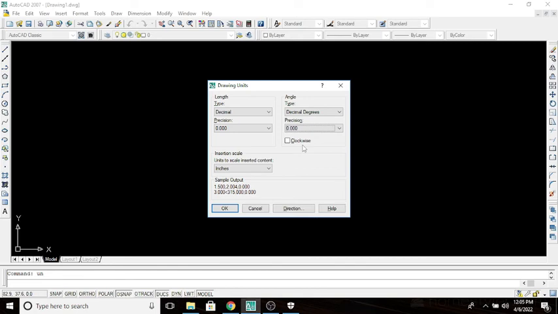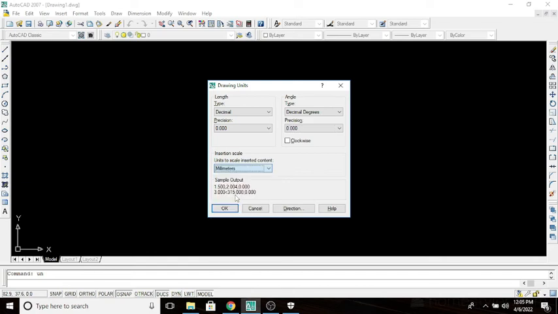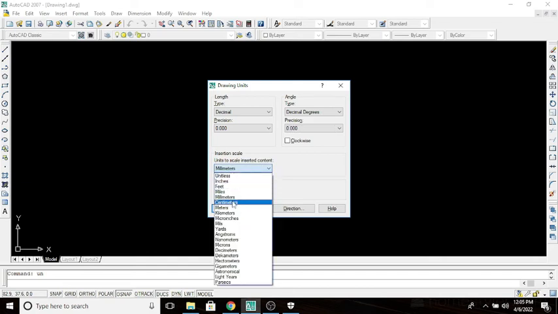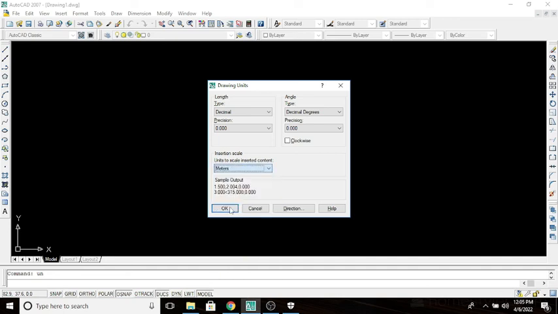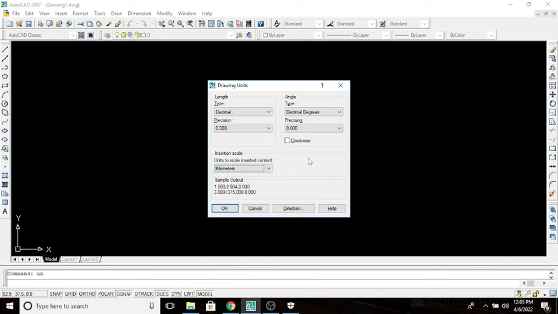So now the most important thing is insertion scale. If you are using meter or millimeter, then change the insertion scale to millimeters or centimeters or meters or kilometers. So this is all about the required value, which value you are using.